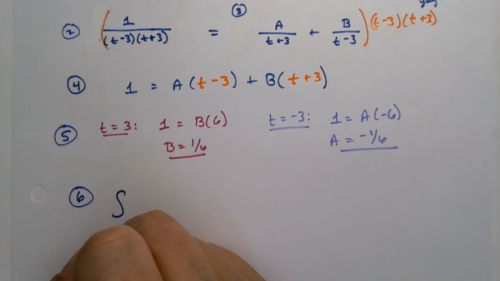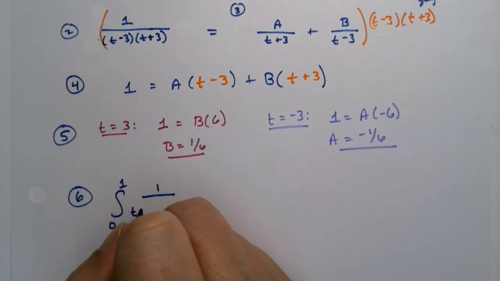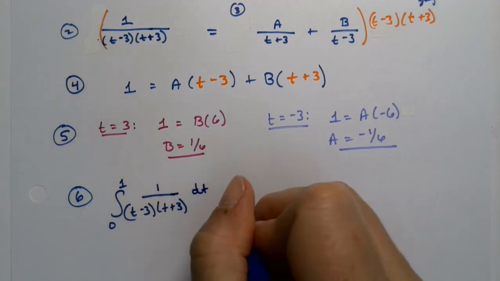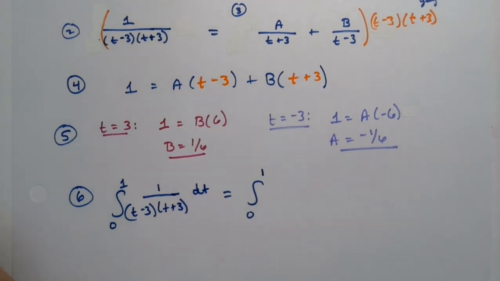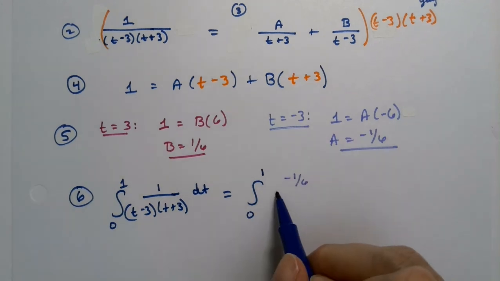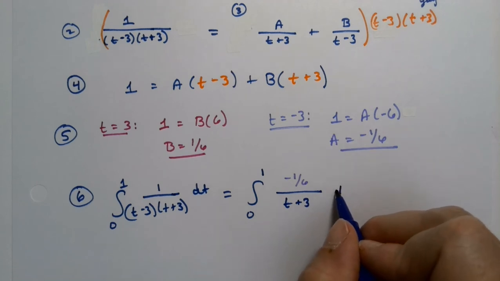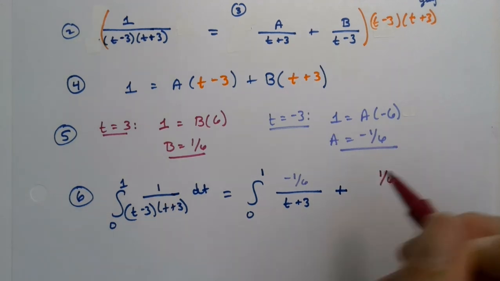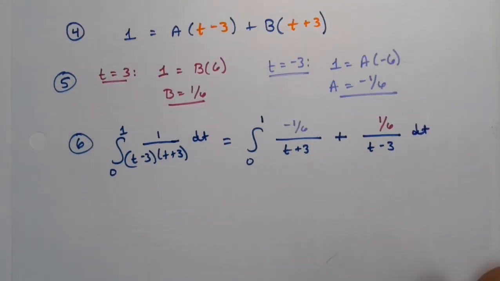Now I'll rewrite it. So the integral from 0 to 1 of 1 over t minus 3 times t plus 3, or if you like, you could write the original integral, it doesn't make any difference, is equal to the integral from 0 to 1 of, A was negative 1/6 over t plus 3 plus positive 1/6, because B is positive 1/6 over t minus 3, dt.